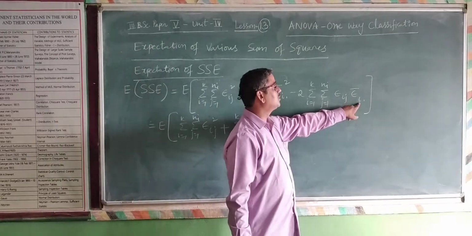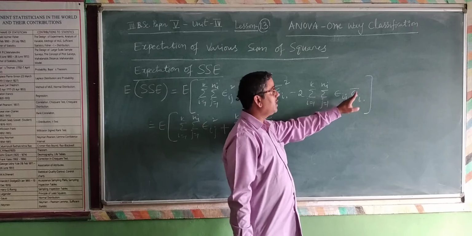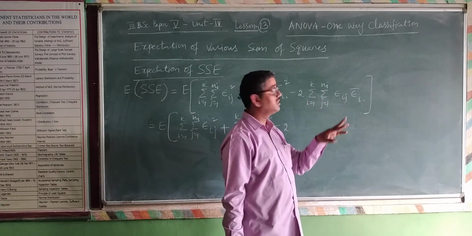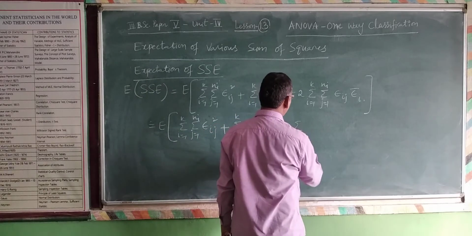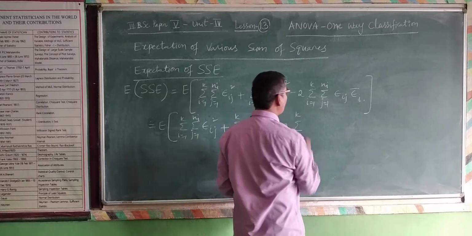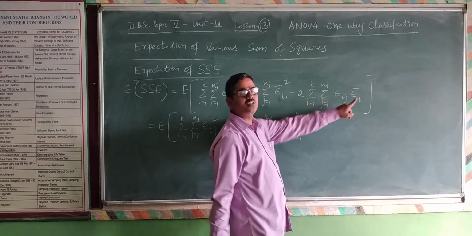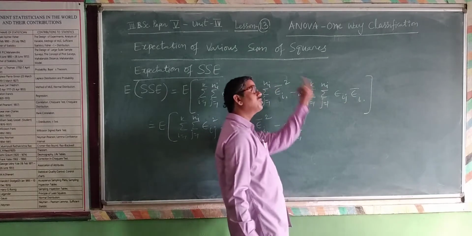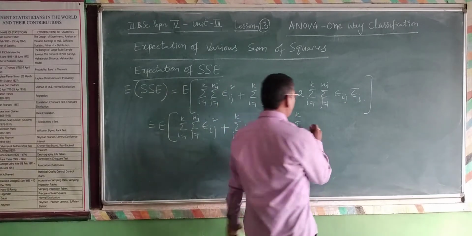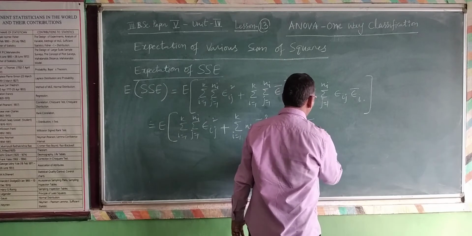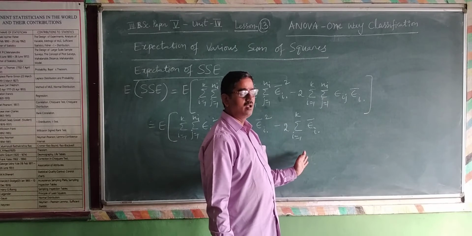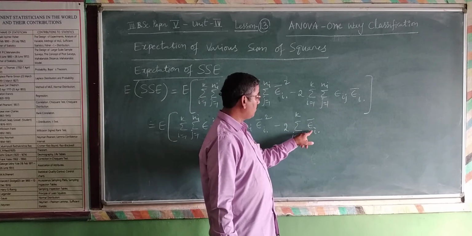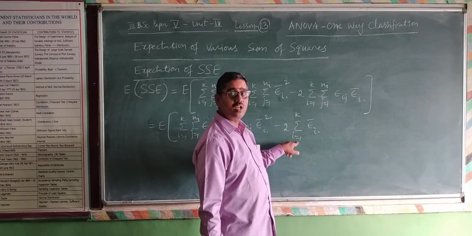Therefore we can take epsilon bar i dot outside of the summation j, since it is a constant with respect to summation j, but it remains inside the summation i.